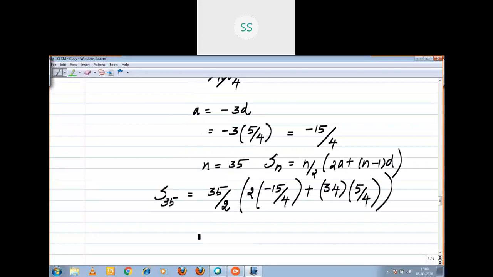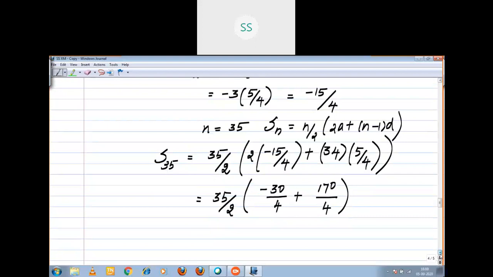Now, 35 by 2 bracket minus 30 by 4 plus 170 by 4. I didn't cancel. If the denominators are the same, I can add or subtract easily.